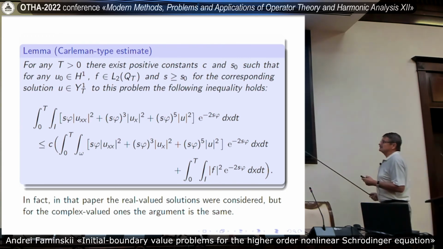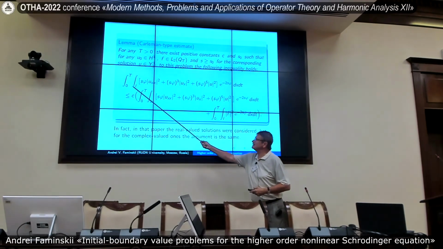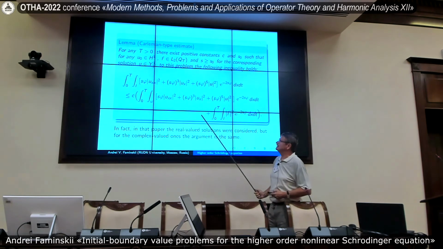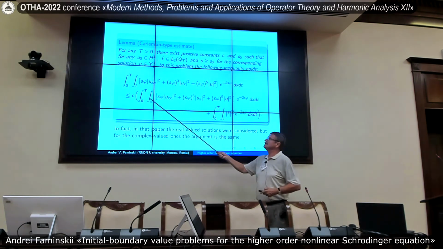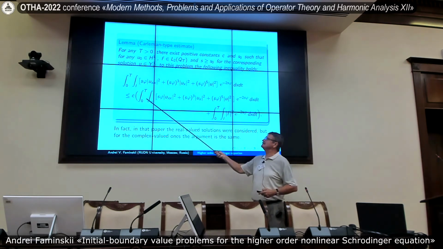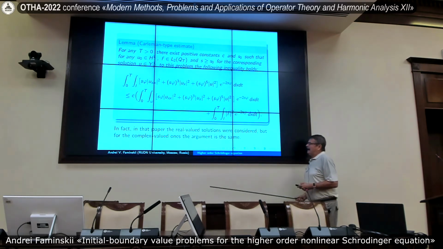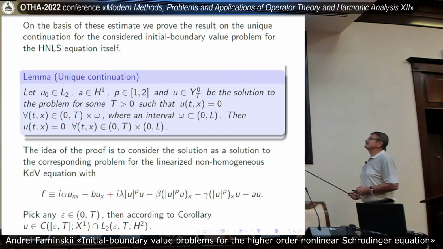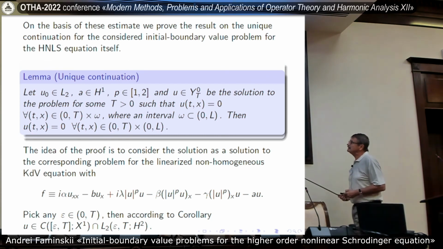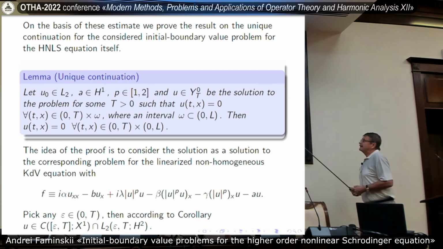I want to attract your attention that on the left side of this inequality we have an integral over the whole rectangle, and here the integral is not over the whole rectangle but over the sub-rectangle. Here it is not I capital, but omega. With the use of this Carleman type estimate, the following unique continuation property can be obtained.